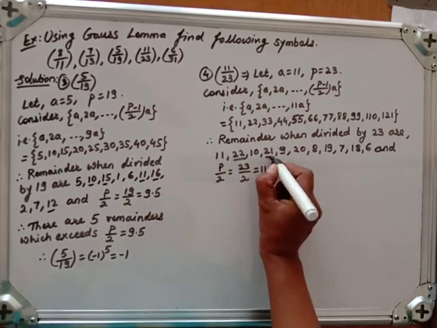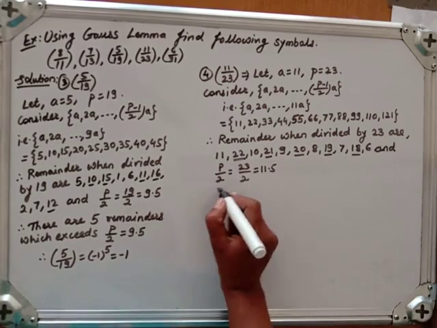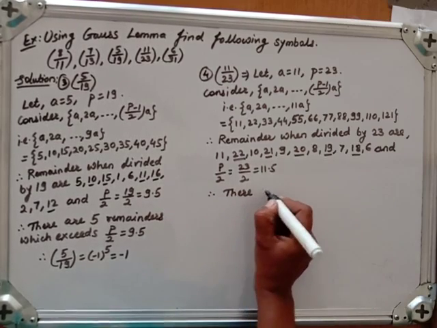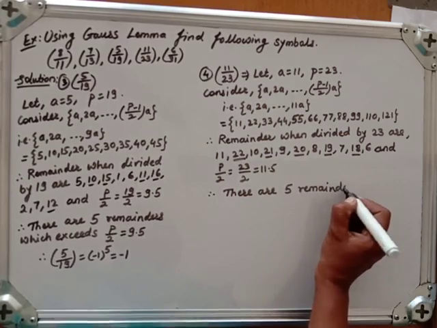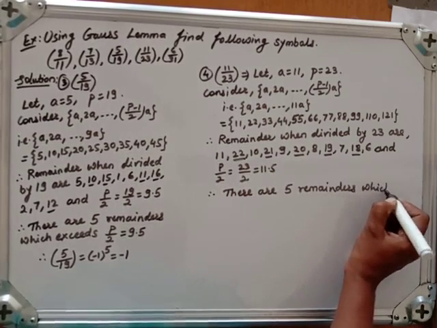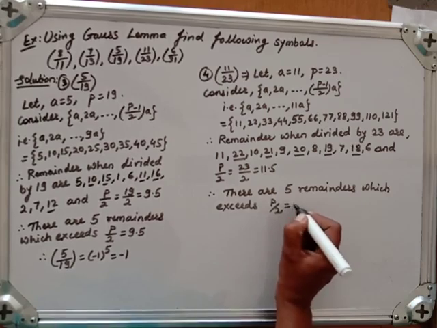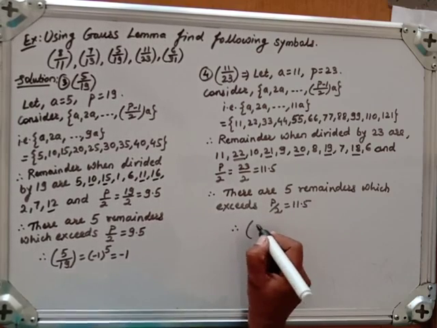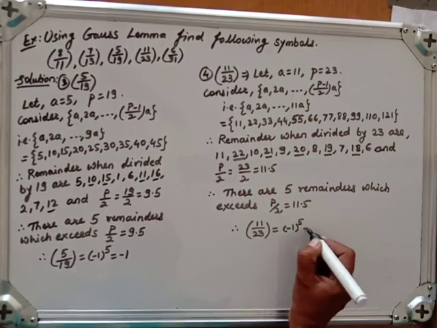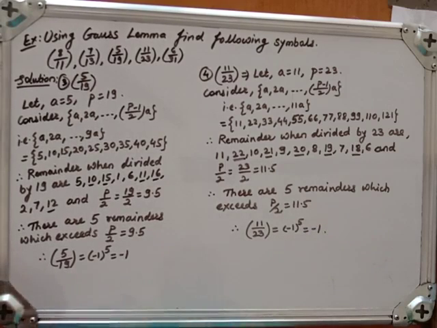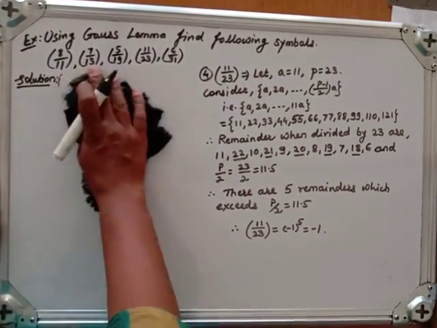So 22, 21, 20, 19, 18 are greater than 11.5. Therefore, there are 5 remainders which exceed p by 2, that is 11.5. Therefore, the Legendre symbol of 11 by 23 is minus 1 raised to 5, that is minus 1.